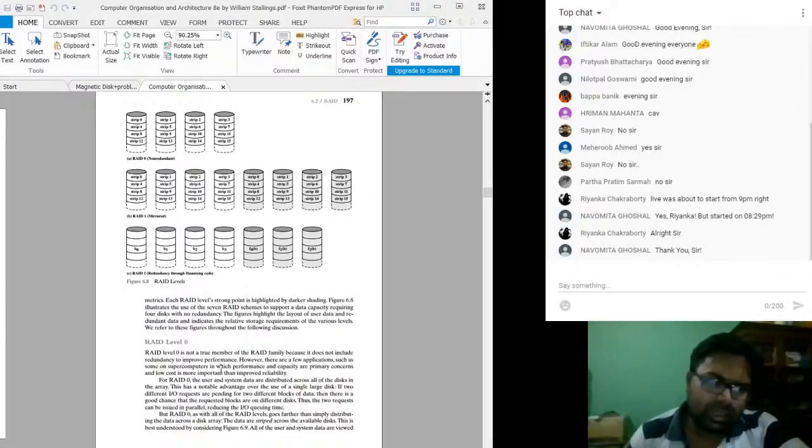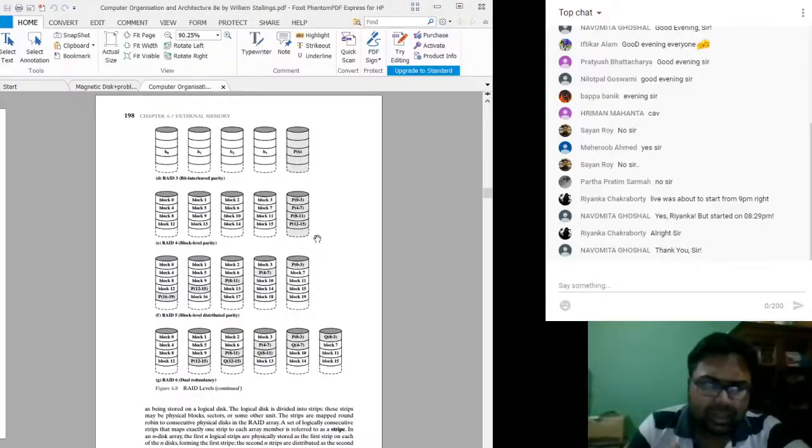Ideally you can remember it requires log of n base 2 extra disks to implement this Hamming code error correction mechanism. Based on the individual strips, the appropriate Hamming code will be stored in these disks which are marked in gray. You can read this, it is there in the PDF.